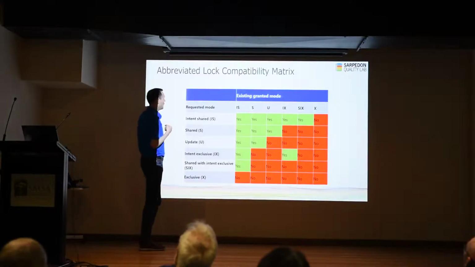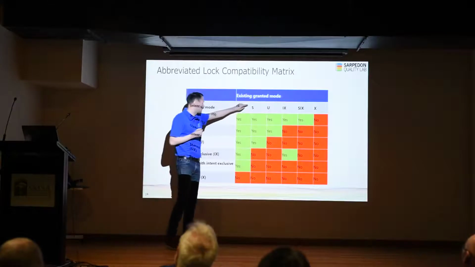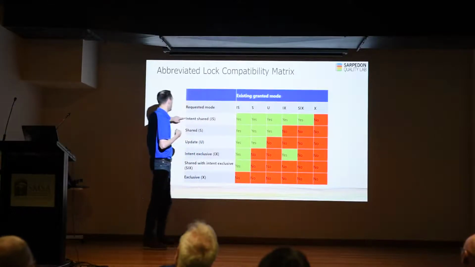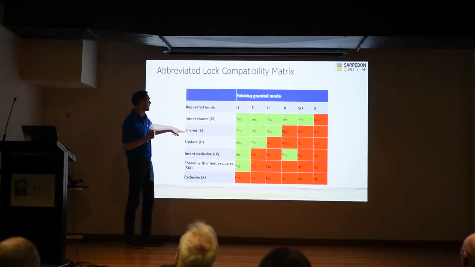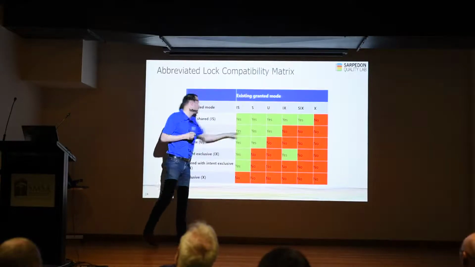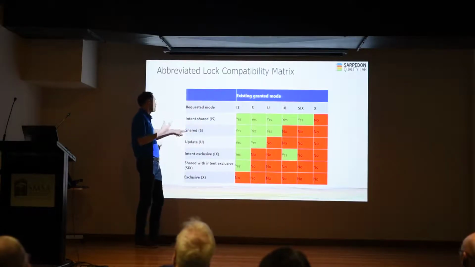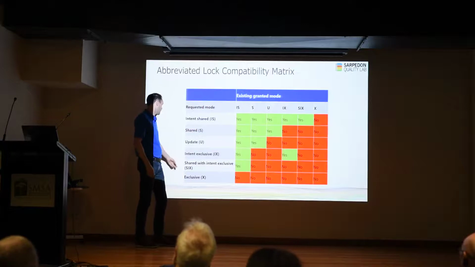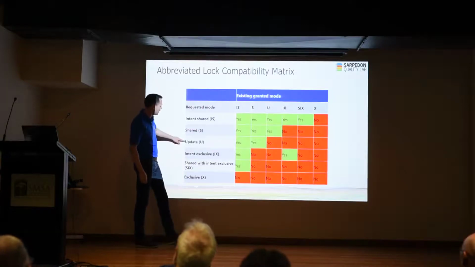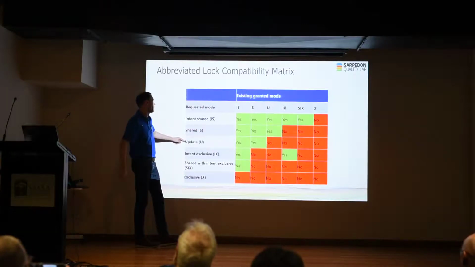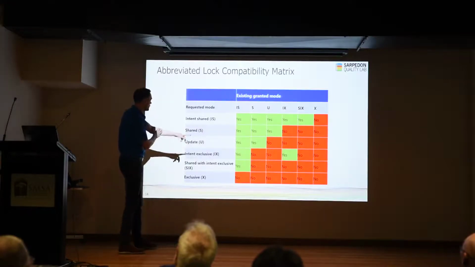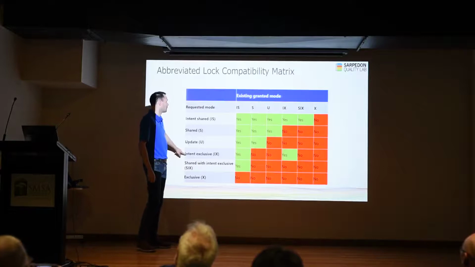But let's say we have a shared lock. The shared lock can happily coexist with another shared lock, for example. But it cannot coexist with an exclusive lock, obviously. It can also not coexist with an update lock. And here's a little bit interesting one, the intent exclusive.